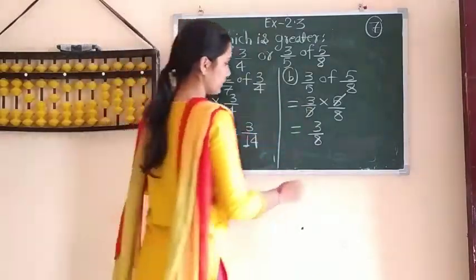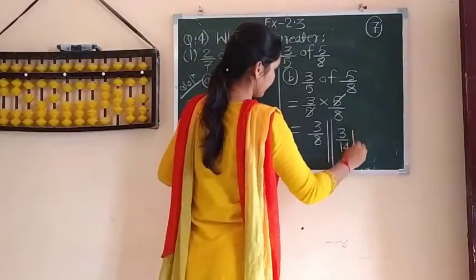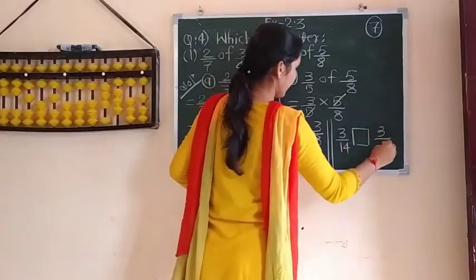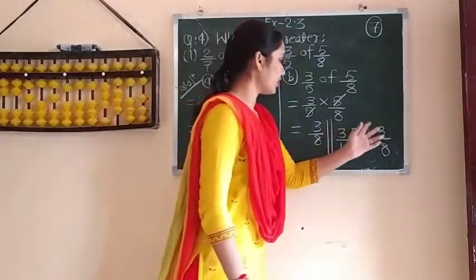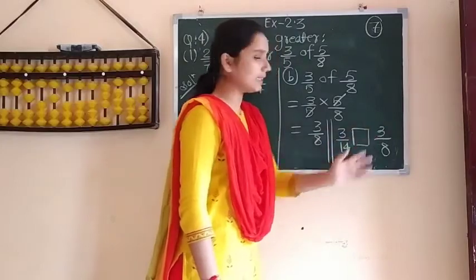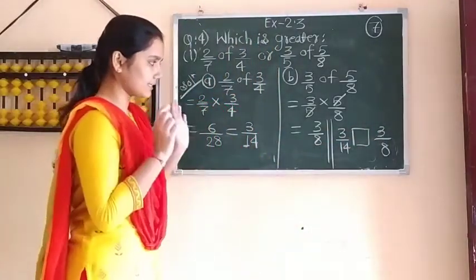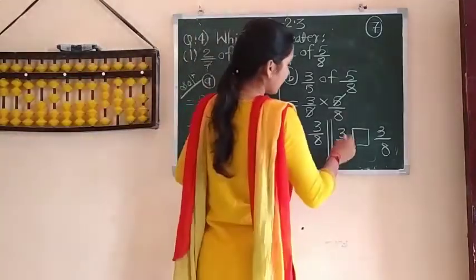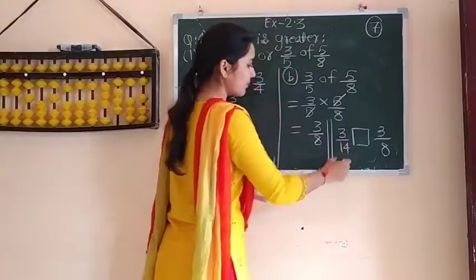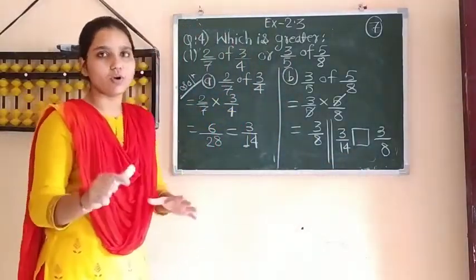Which fraction is greater? So how will you compare? Write down this 3 by 14 and here this 3 by 8. See if the numerators are same. देखो इनके numerator same हैं, दोनों के numerator हैं 3 and denominators are different. तो जब ऐसे केस होता है, what you have to do there, when numerators are same, तो जिस फ्रैक्शन का डिनोमिनेटर ग्रेटर है that is smaller.